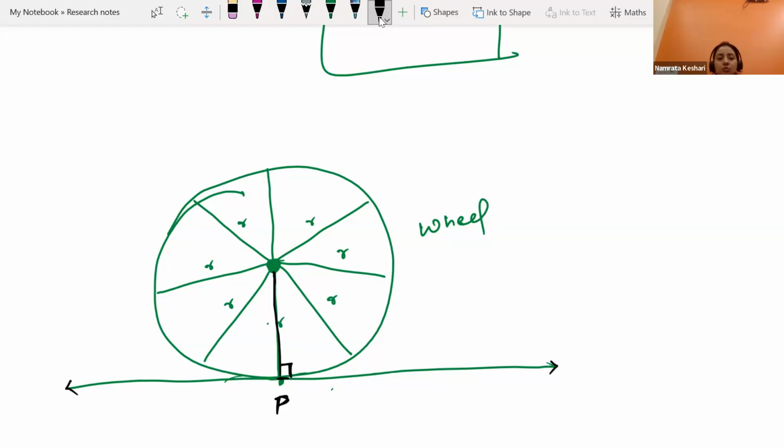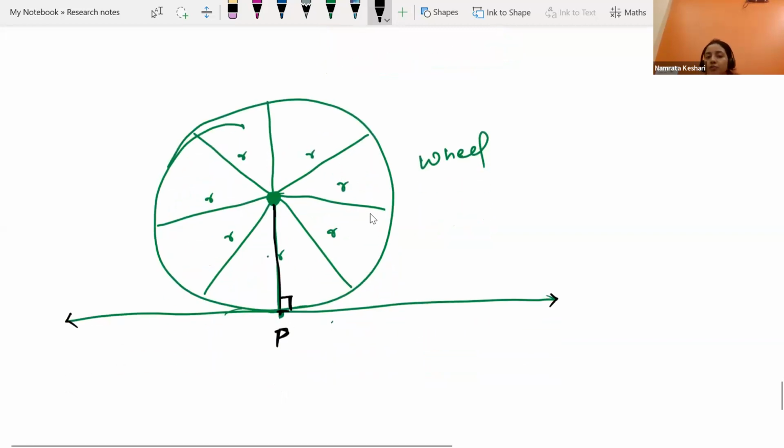The radius through the point of contact will always be perpendicular to the tangent. Not any radius, but the radius which is passing through the point of contact.